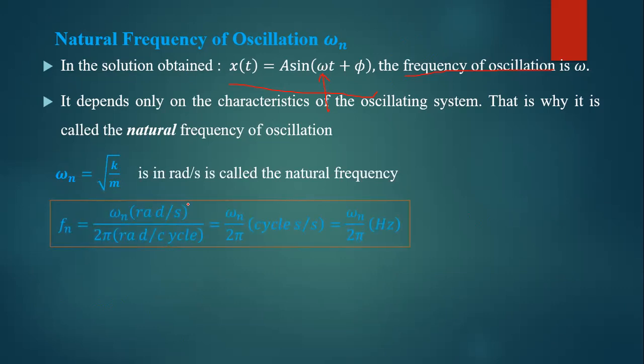It is called the natural frequency, and it is represented in rad per second. The time frequency of oscillation, fn, is equal to omega n over 2 pi.